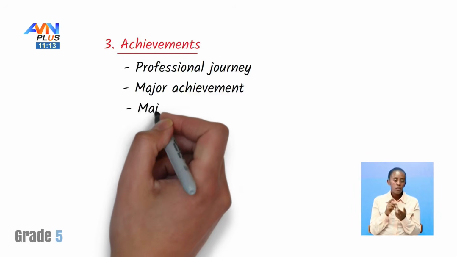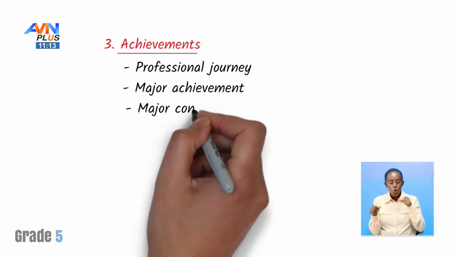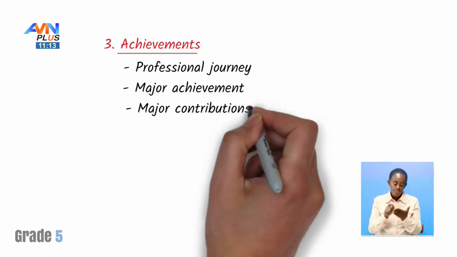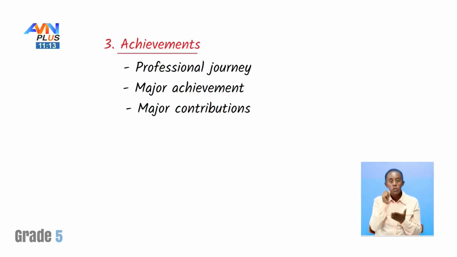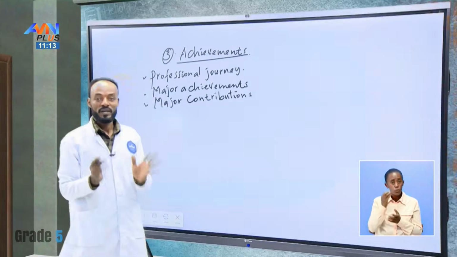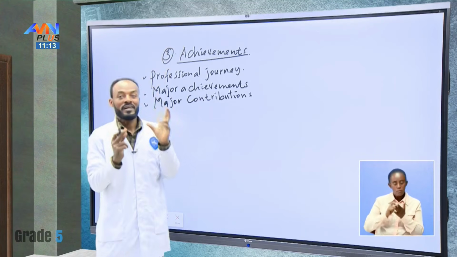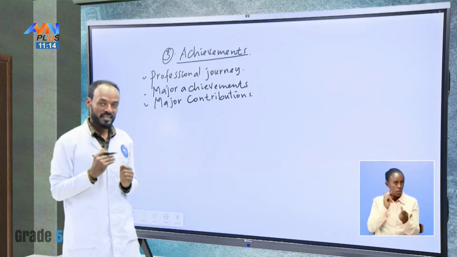And then the major contribution should be written here, major contribution for his or her society. Don't forget, while you are writing about someone's life history, you have to put his or her achievements and successes.